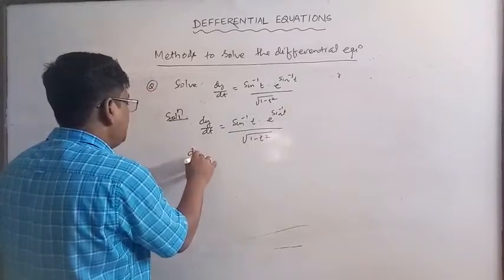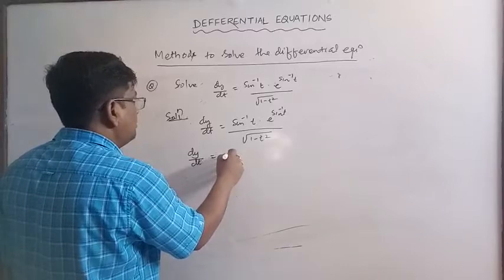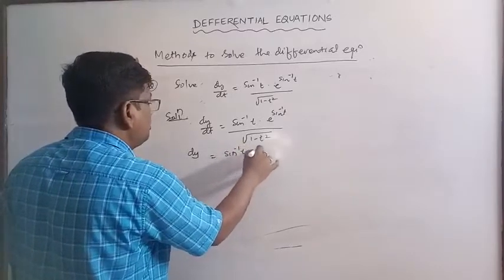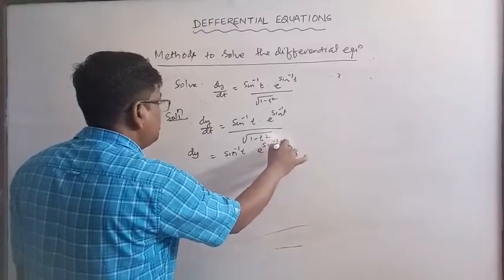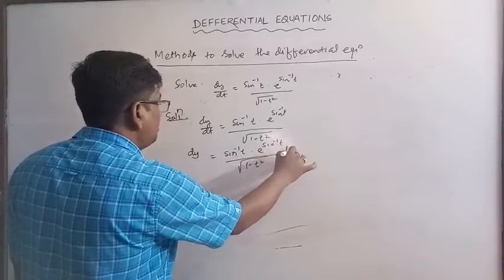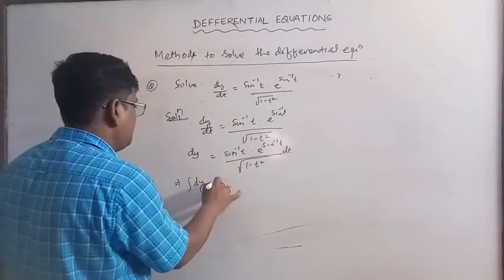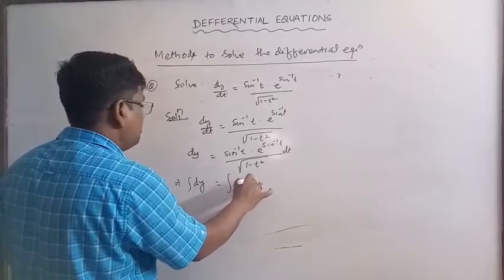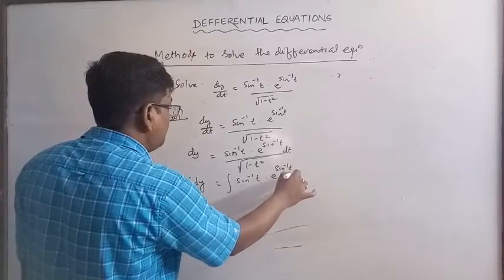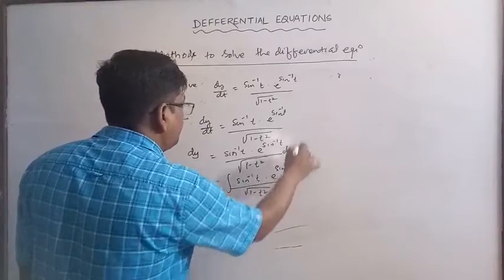That is dy equal to sin inverse t e to the power sin inverse t by root over 1 minus t square into dt. Integrating both sides, integration of dy equals integration of sin inverse t e to the power sin inverse t by root over 1 minus t square into dt.